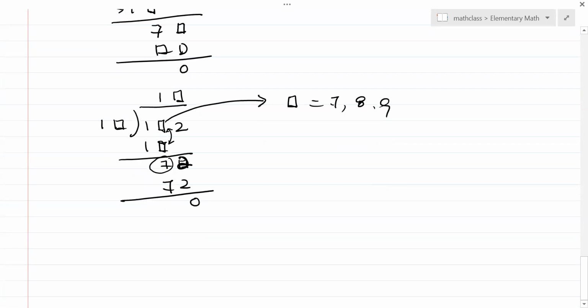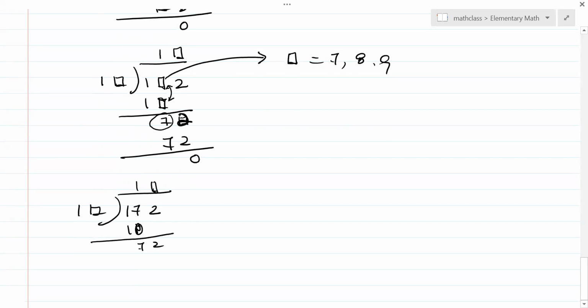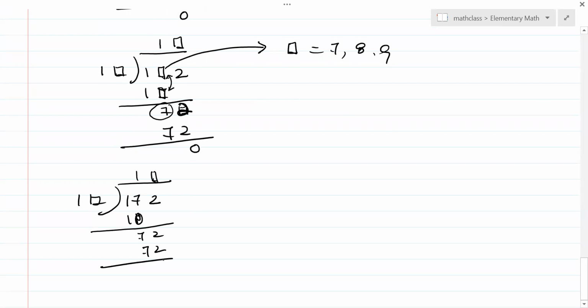Okay, when this is a 7, let's put all around this. When it's 7, it's 172. We don't know that number, right? And then this must be 0 because otherwise you're not going to get the 72. I'm not sure this is possible or not.